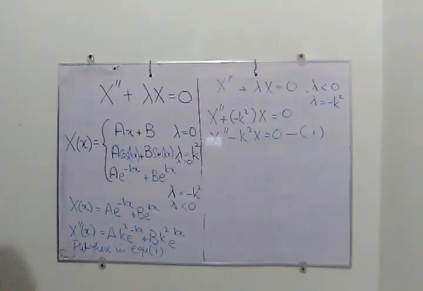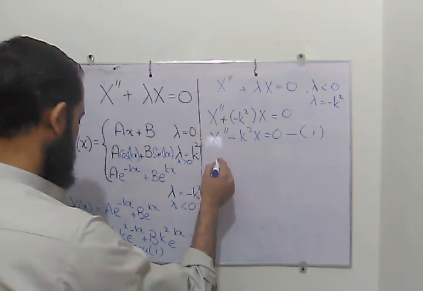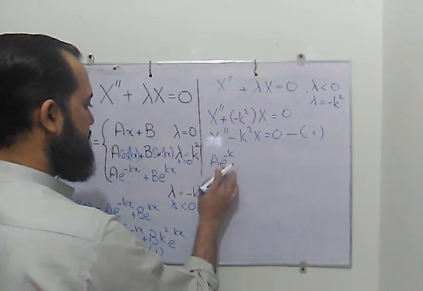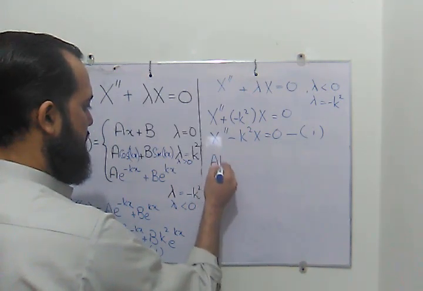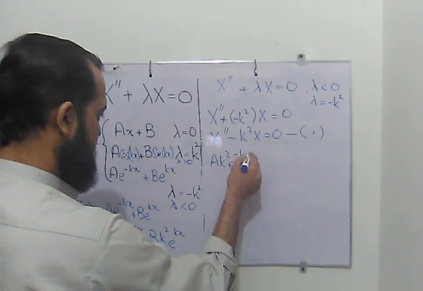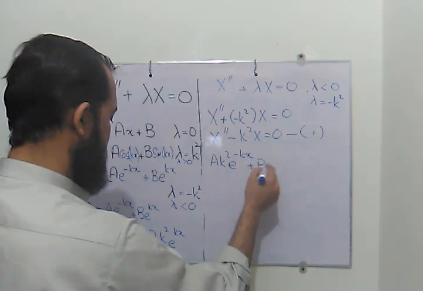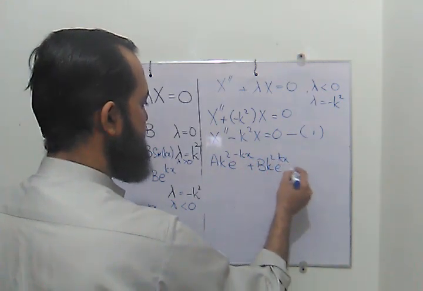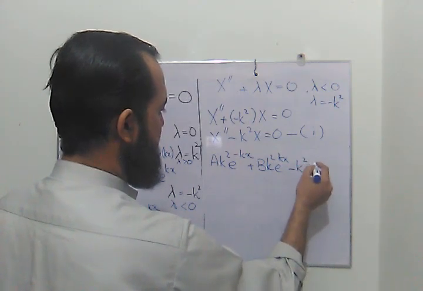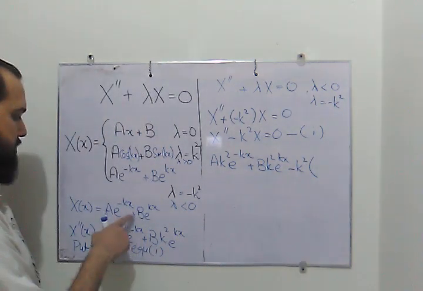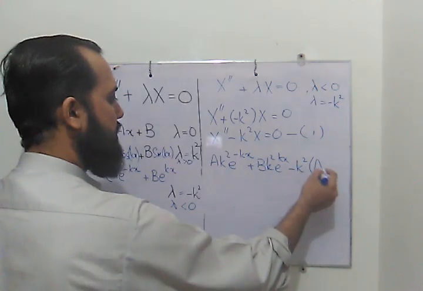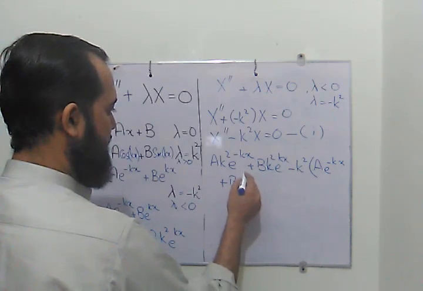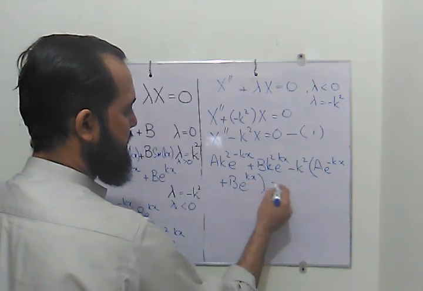What we will get is a k square exponential minus kx plus b k square exponential kx, minus k square times the value of solution x, which is a exponential minus kx plus b exponential kx, equal to 0.